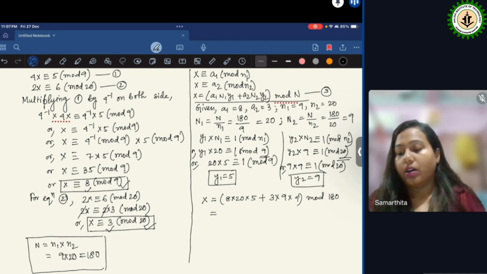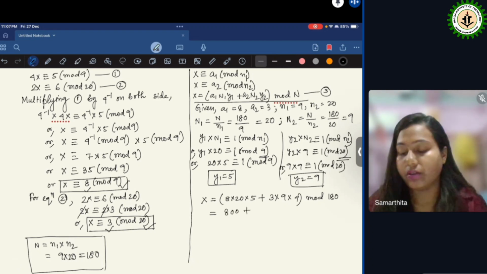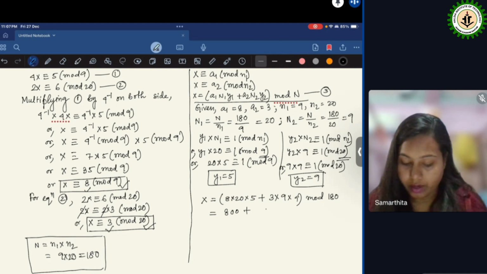So 8 into 5 is 40, into 20, that means 800, and 9 is 81, into 3, 243, and then mod 180.